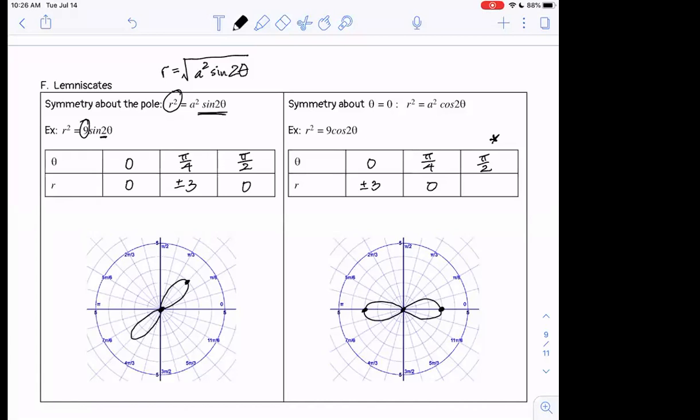If I see this equation, this is the shape it's going to be. And being comfortable either memorizing what shape and what orientation, or being able to quickly, and that's the key word here, quickly create a table. Because if you are going to Calc 3, the expectation is you just know what these look like. So if you're not there yet and you want to be in Calc 3 in the fall, I would use this as an opportunity to make sure you know what these shapes look like.